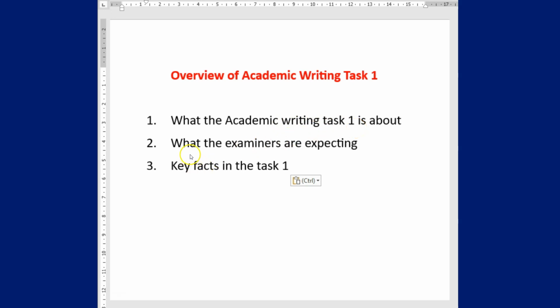We also look at what the examiners are expecting and check the key factors in Task 1. I'll go further to teach you how you can produce very high scoring essays after you have understood these basics. Now, let's look at the overview of academic writing Task 1.